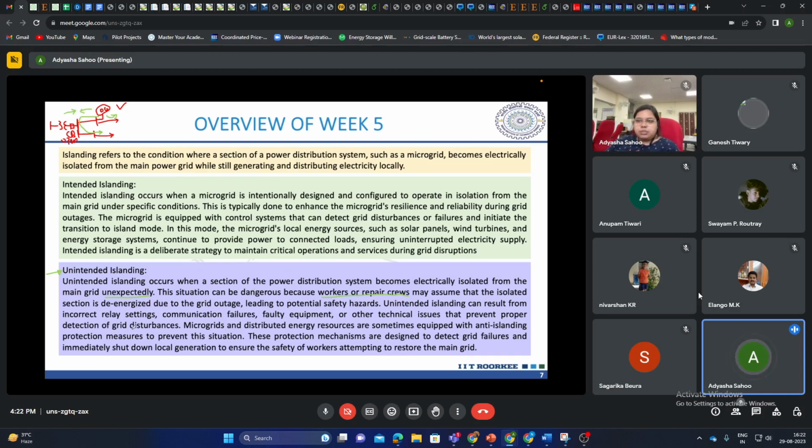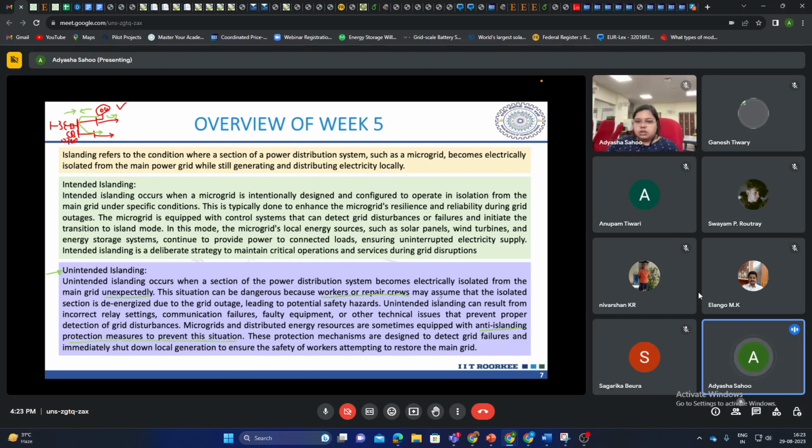So it can happen due to various reasons. Basically, when we have incorrect relay settings, we'll have maloperation of the relays, or there may be communication failures, some faulty equipment, or other issues. Hence we need anti-islanding protection measures in order to prevent the situation.